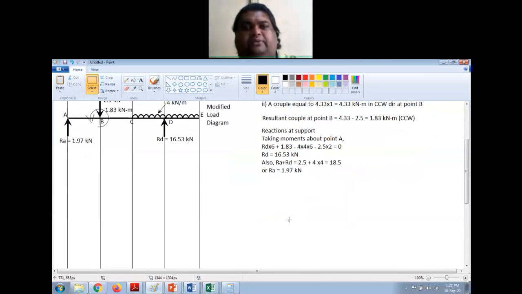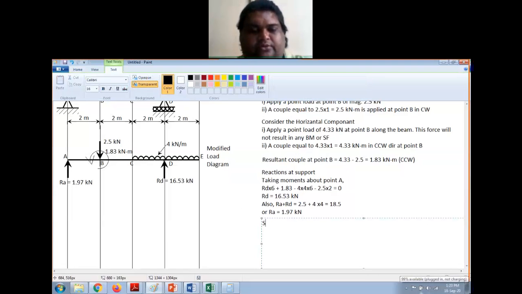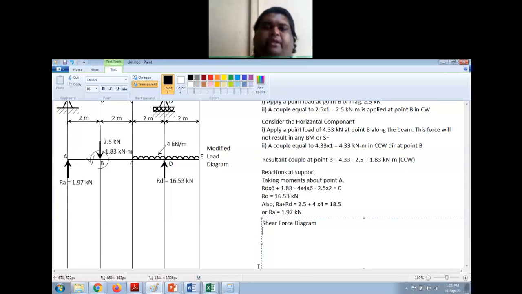Second thing is we have to start with the calculation of shear force, right? So shear force diagram. So for shear force diagram, let me start from point number A. So SFA, you can do like this. Wherever you have sudden raise, LHS is equal to 0.